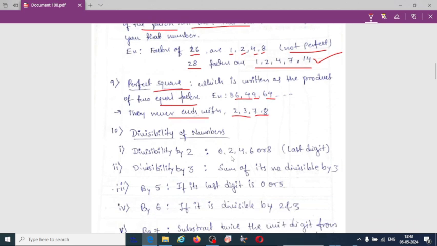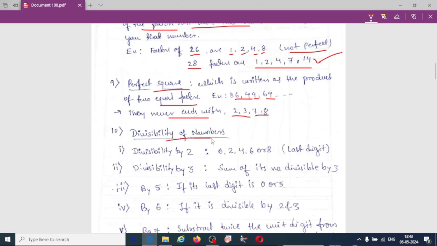These are perfect squares, written as the product of two equal factors like 6 into 6, 7 into 7, 8 into 8. But they never end with 2, 3, 7, 8.